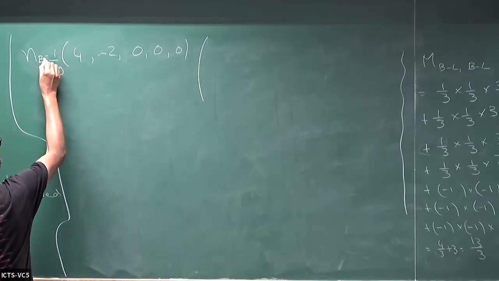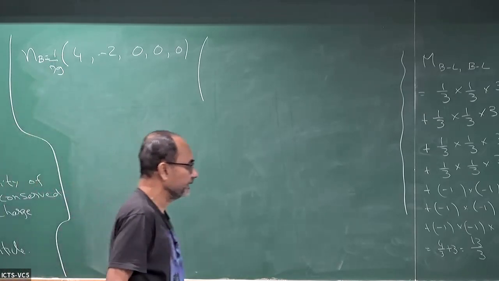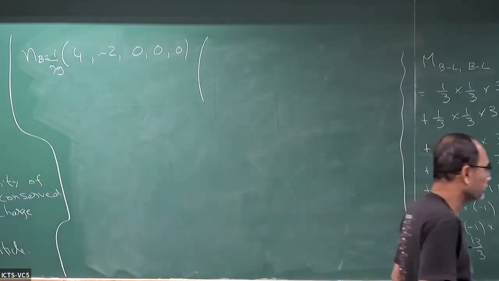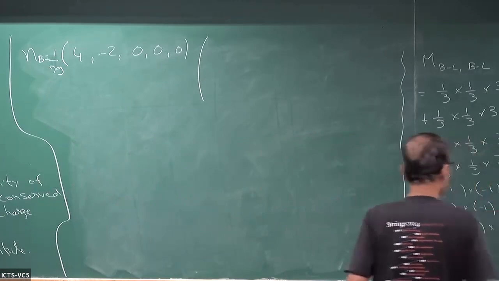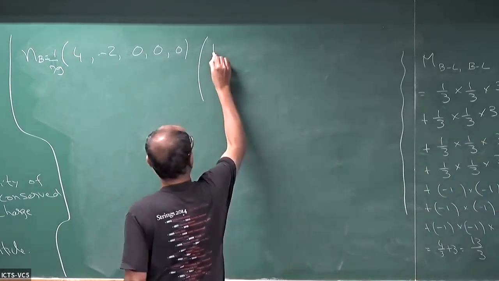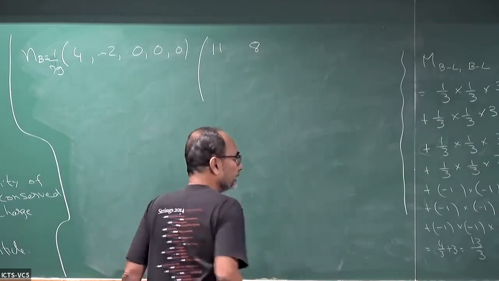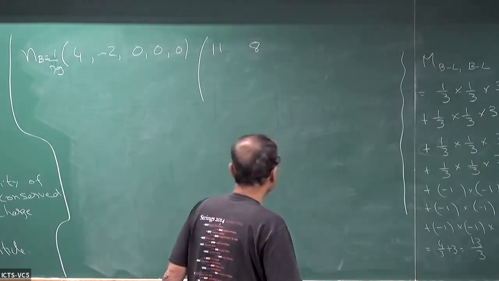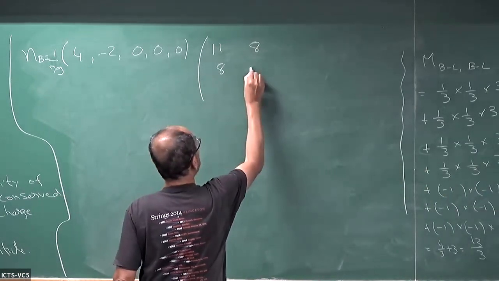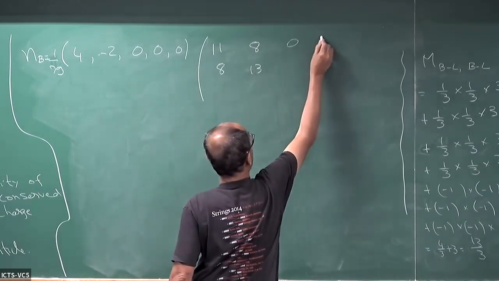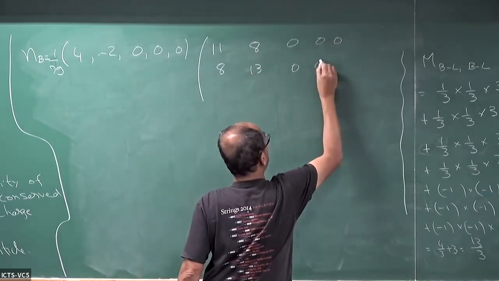M inverse has that structure 11, 8, 11, 8, 8, 13, 8, 13, and then these are all zeros because of this block diagonal nature.